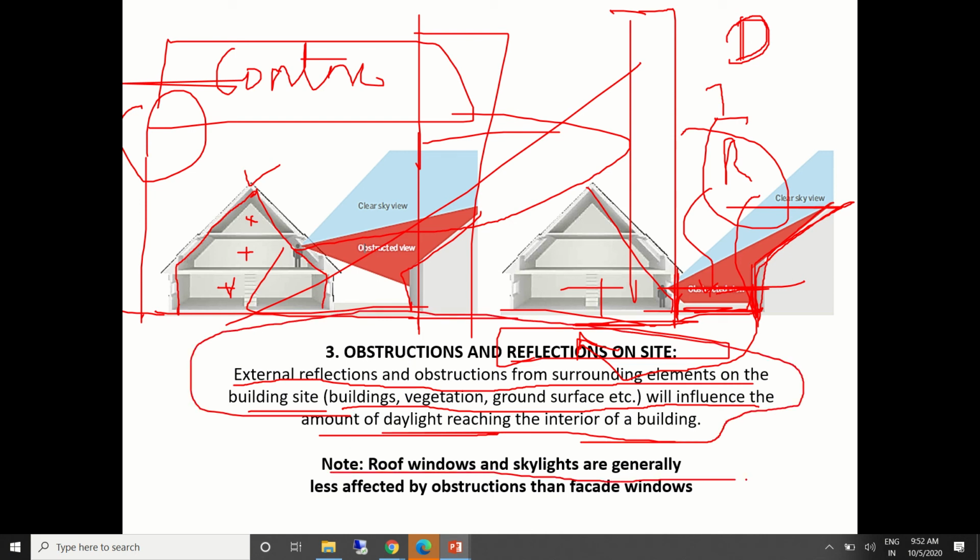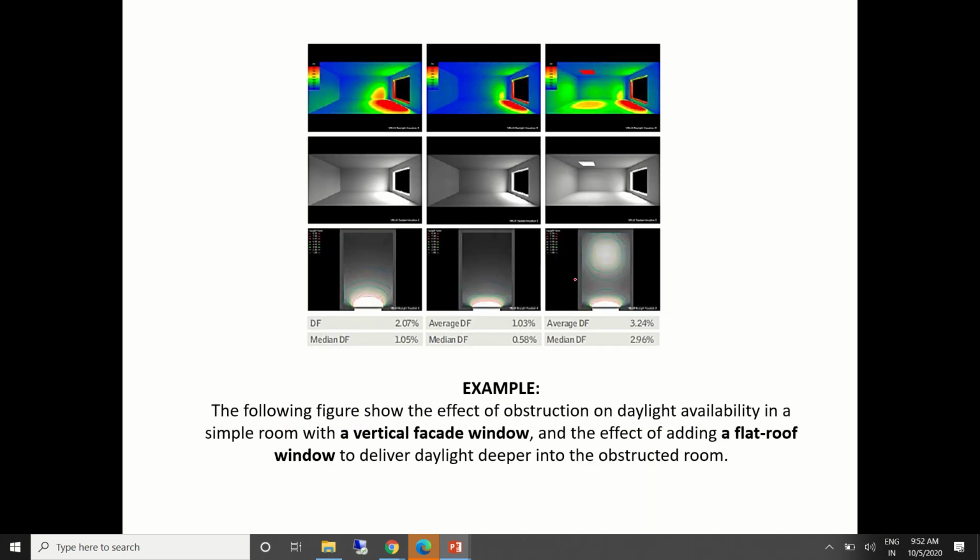Note: roof window and skylight are generally less affected by obstructions, whereas the facade window is normally affected by the outdoor conditions. These are just some examples. The figures above show the effects of obstruction on daylight availability in a simple room with a vertical facade window, and the effect of adding a flat roof window to deliver daylight deeper into the building.